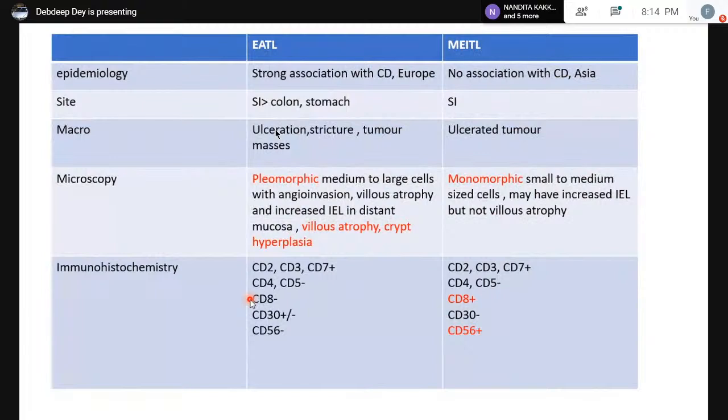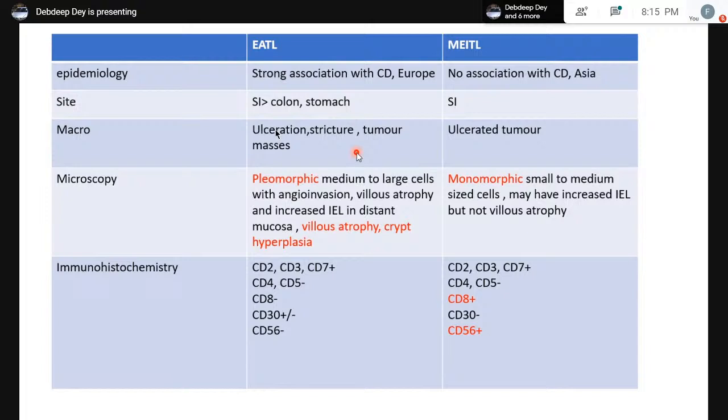So to summarize the differences, EATL has got a strong association with celiac disease, mainly present in Europe. In MEITL, association with celiac disease is mainly absent and it is present in Asia. It presents mainly in the small intestine, but colon and stomach may also be affected, but small intestine is affected mainly in MEITL. Ulceration, stricture, tumor mass, all can be present in both.